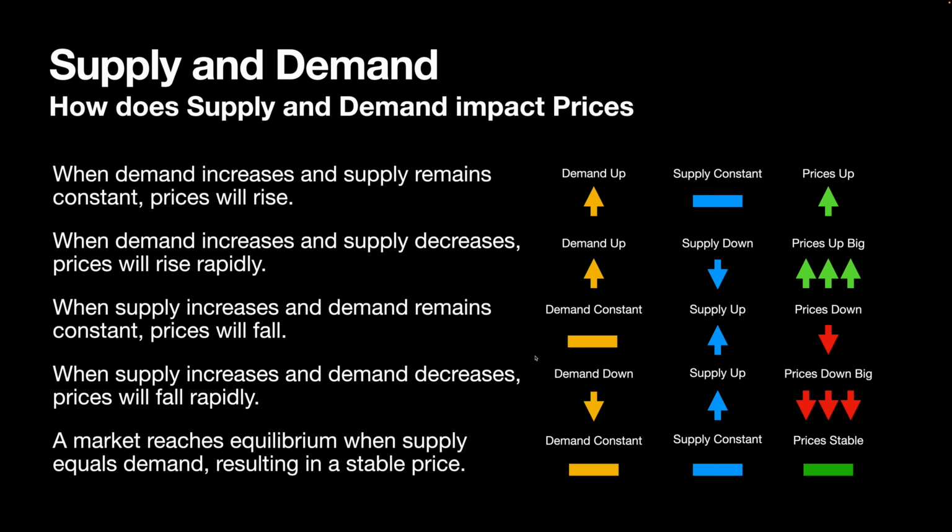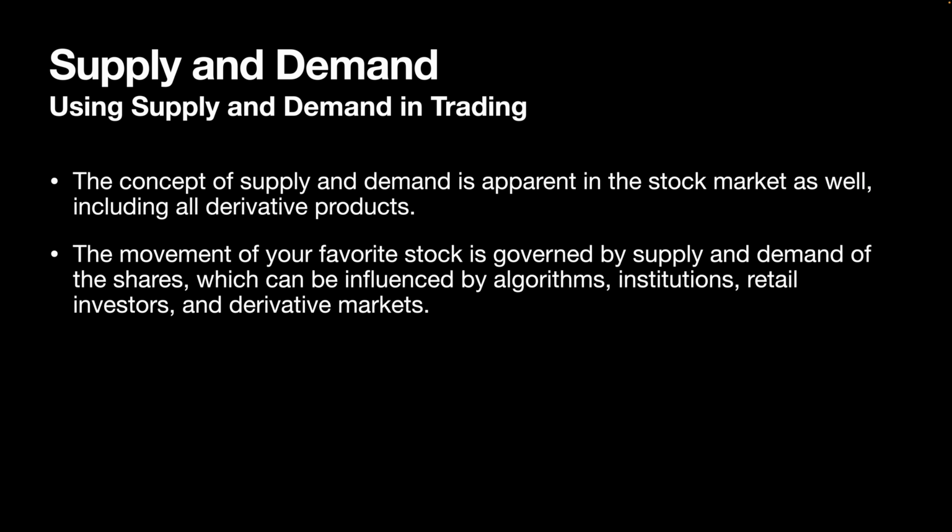So those are very important concepts, and we're going to go through some examples of that beyond what we've already talked about. The concept of supply and demand is also apparent in the stock market. Shares are the inventory, whether of a particular stock or an ETF, and they're impacted by the demand of buyers and the supply that sellers have.